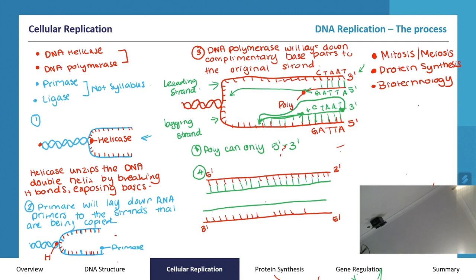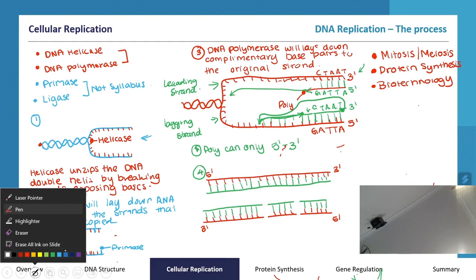Like so. The only problem is this strand on the bottom here will not be completely connected together. It'll be sort of in chunks. So as you can see here, there'll be some spaces between them. So this chunk will be separate depending on where DNA polymerase had to stop and start.